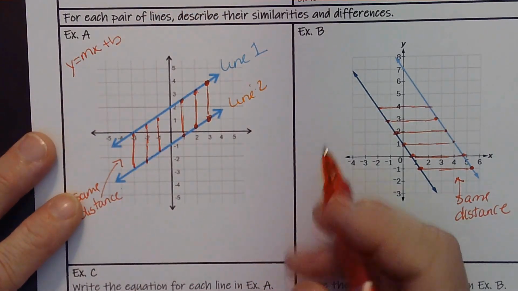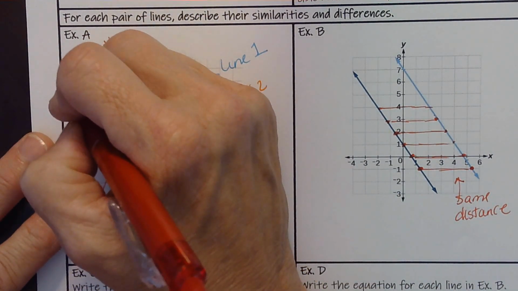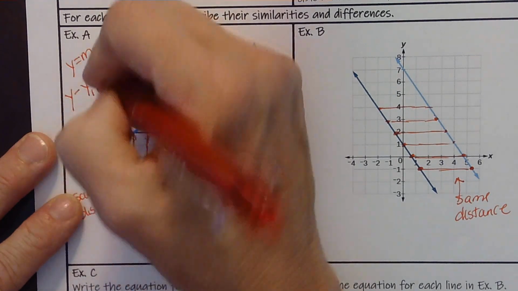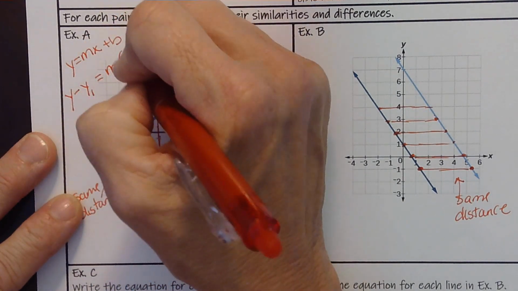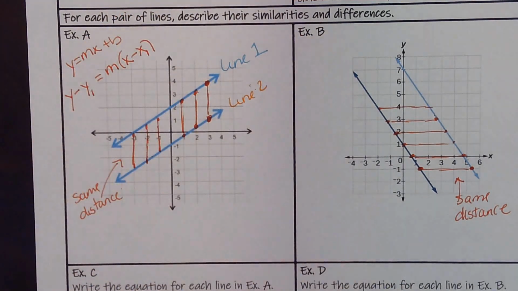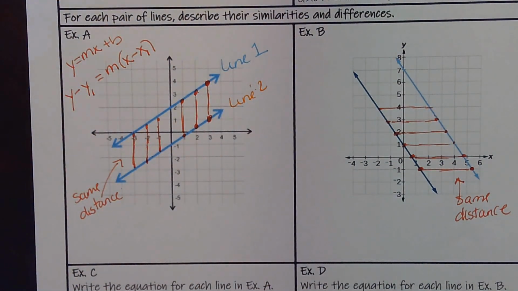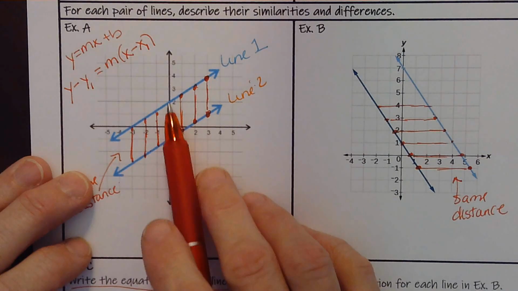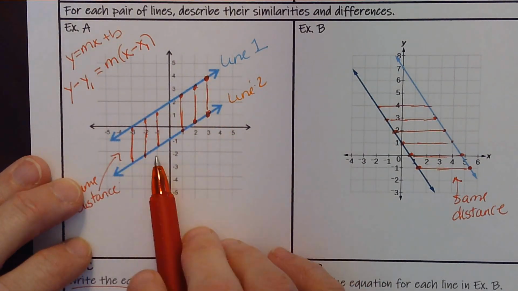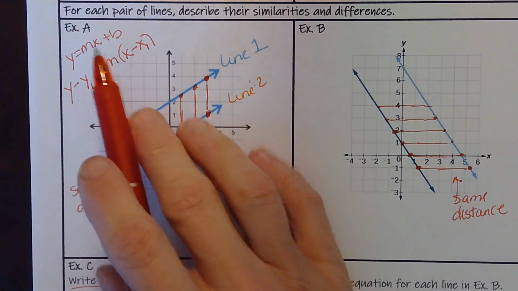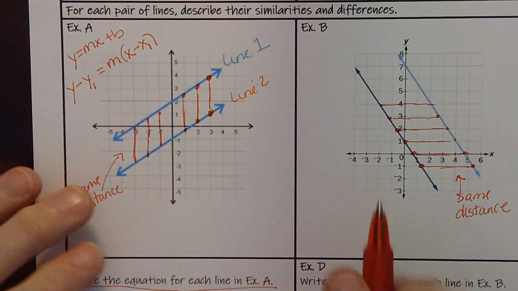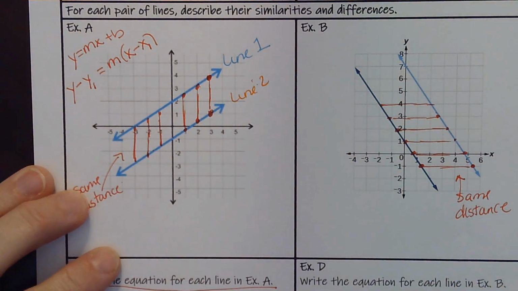We also have point-slope form, which is y minus y1 equals m times x minus x1. So depending on the information that we can get from our lines, that will dictate which form we need to use. So let's take line 1.